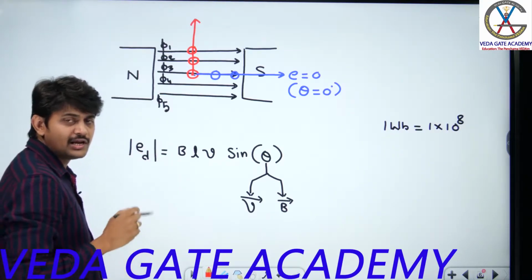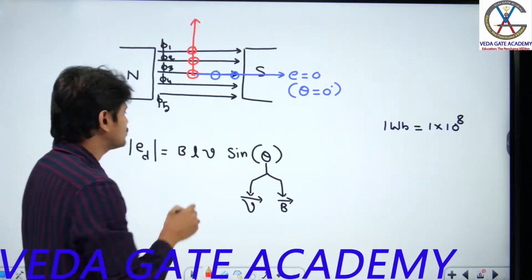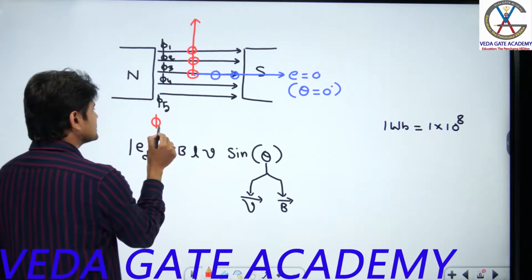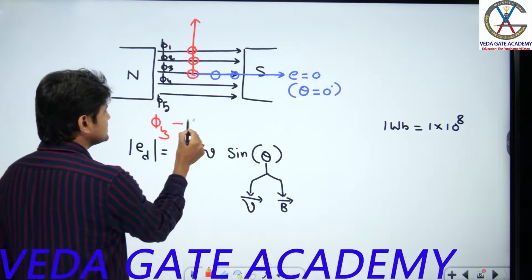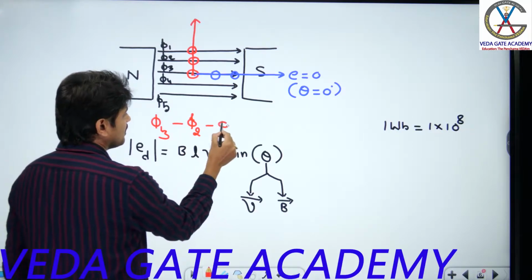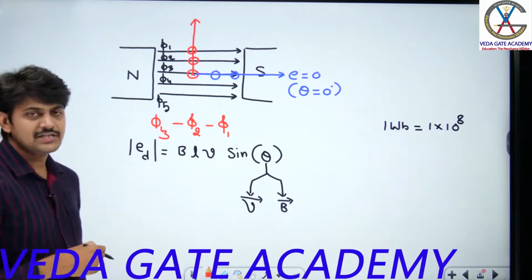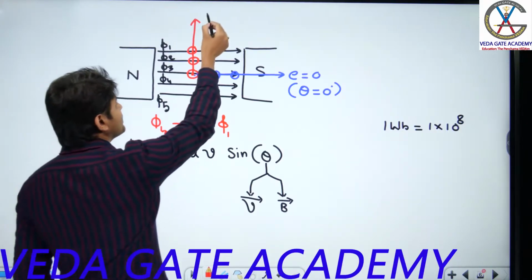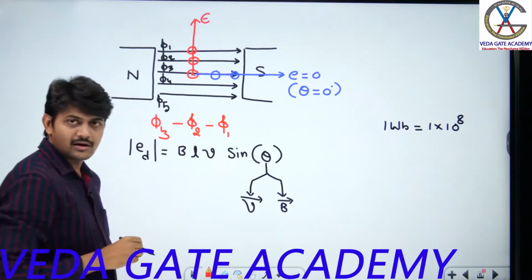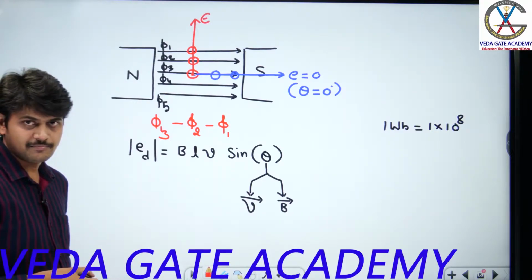So are you finding any change in flux lines? Yes. Initially it is linking with flux phi 3, after that with flux line phi 2, and after that with flux line phi 1. So we are going to find a change in flux lines. Obviously EMF gets induced across this particular conductor, dynamically induced EMF.